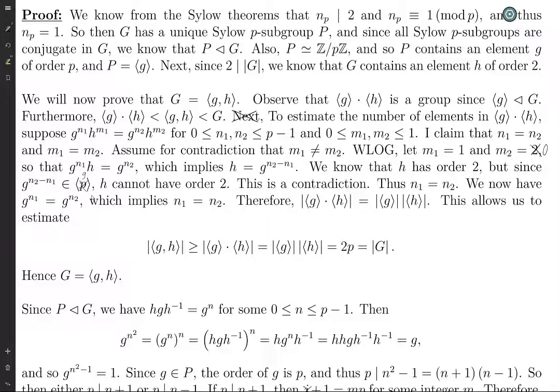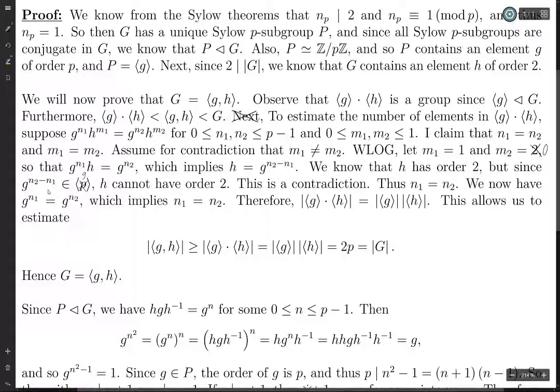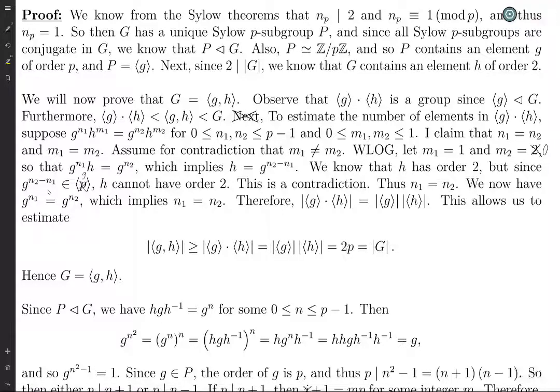This element cannot have order 2 because it's contained in the group generated by g, which is a group of order p. And the order of any element of a group of order p must divide p. And so it's either going to be 1 or it's going to be p.